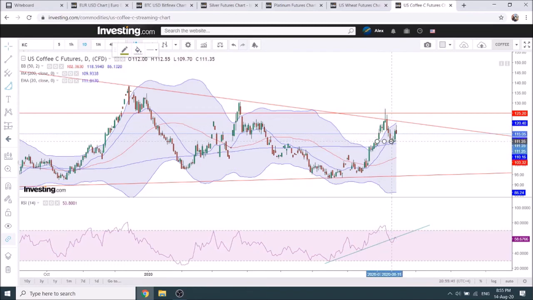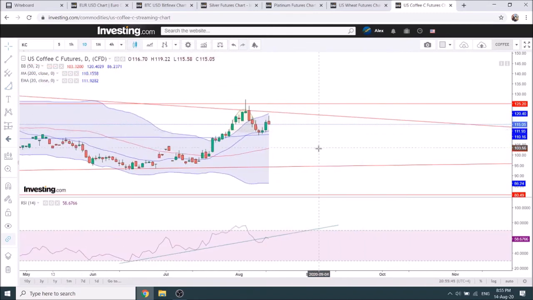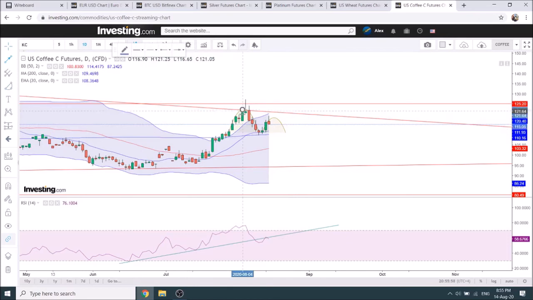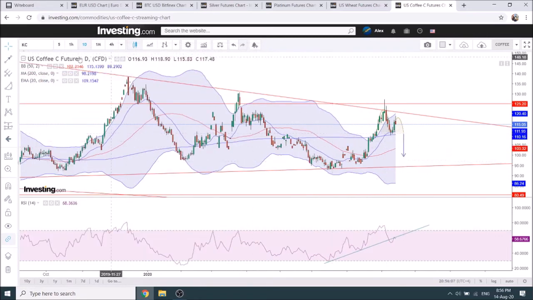we would have the cup that's been completed here, and now we are forming the handle at the moment, something like this, and the break will actually take the price as the first target from here, slightly below 100. So we'll be looking potentially that could stop here if we actually draw the support line here.